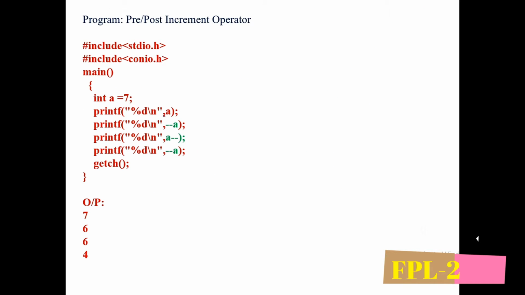Here the value of a is 7, and I am printing that, which is 7. Now I am decrementing the value of a by 1, so I will have 6 as output, because we are doing 7 minus 1 and then printing the value of variable a.